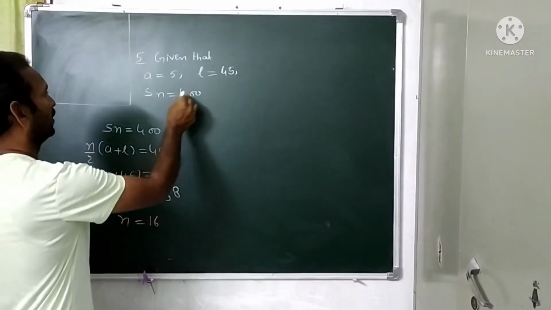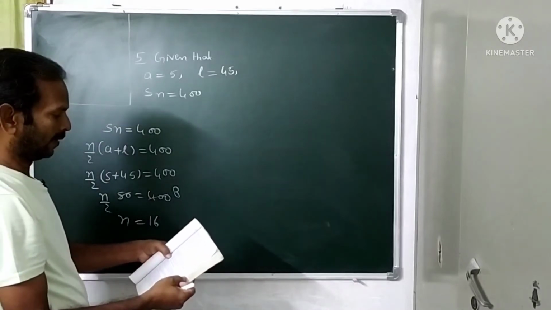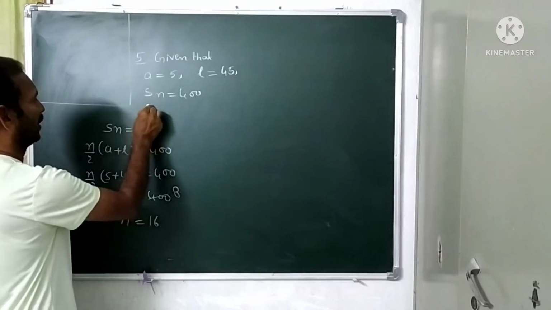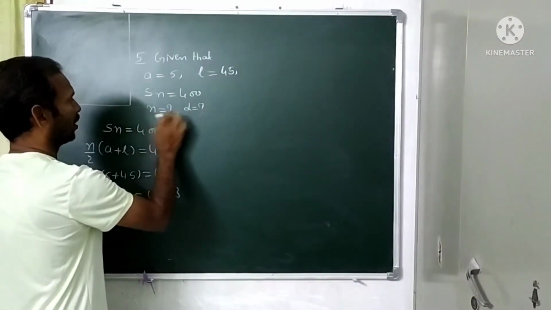Still, what did they ask? Find the number of terms and the common difference. n is equal to question mark, d equals question mark. These two have to calculate.